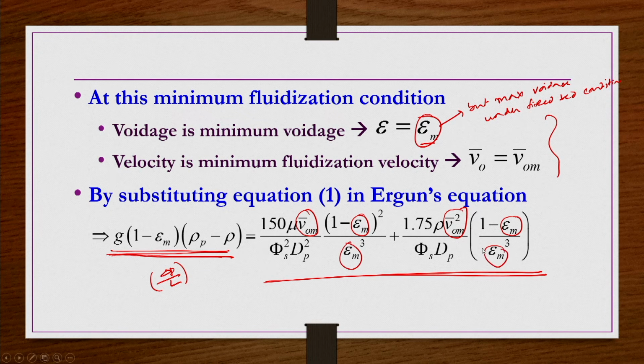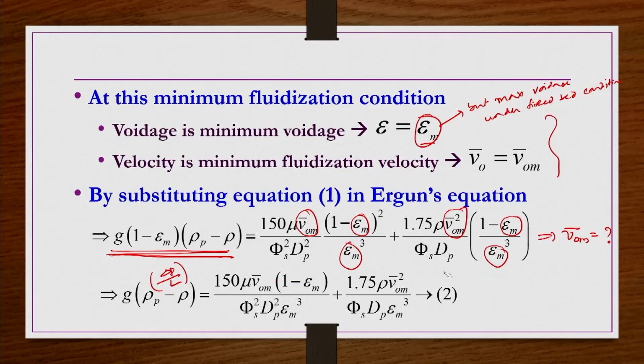So, this equation one can solve to get the minimum fluidization velocity. It is a kind of quadratic equation that you get when you substitute all the properties like voidage, gravity, densities, packing size, shape factor, etc. When you substitute, you will have a quadratic equation for the minimum fluidization velocity that you solve, and then you get the minimum fluidization velocity.